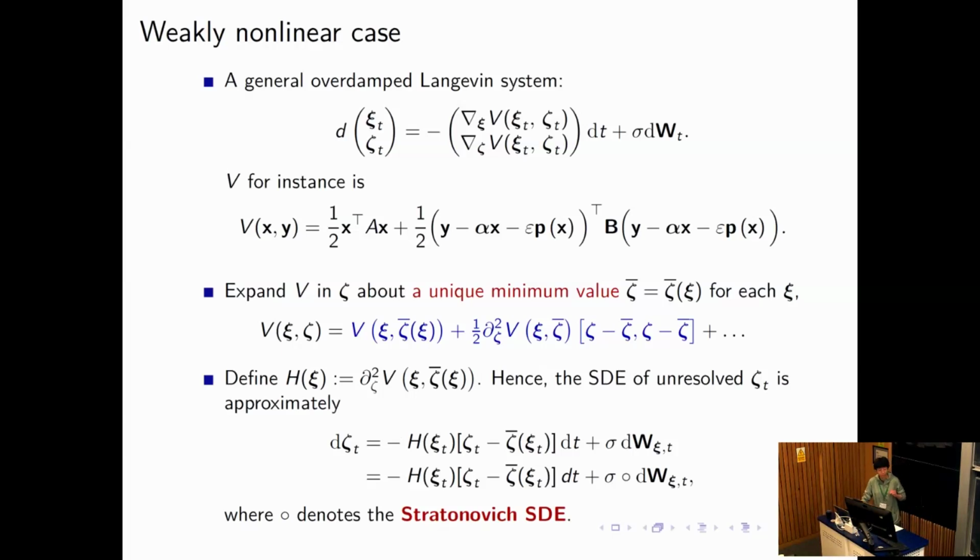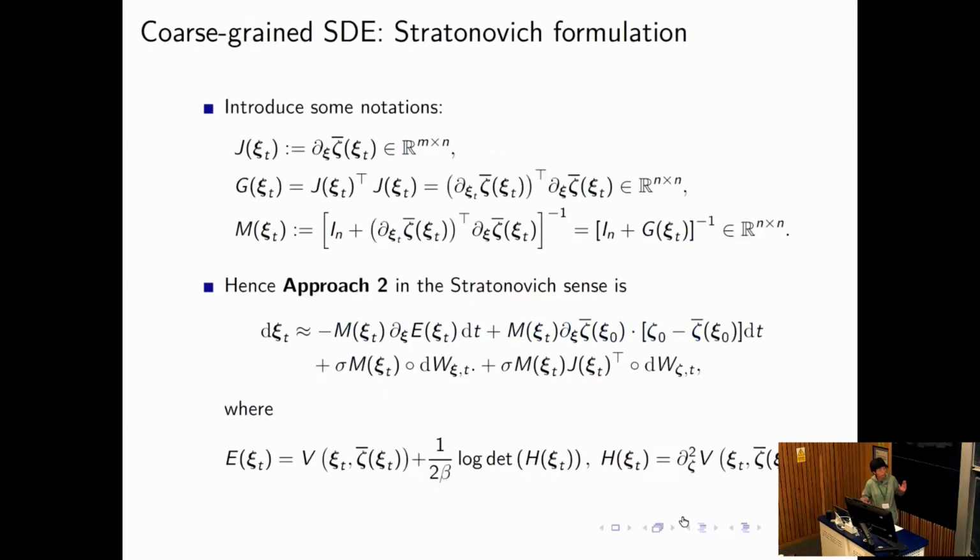In order to make our analysis similar to what we have previously, we convert the Ito SDE to a Stratonovich SDE. And because we assume the diffusion is additive, in the sense that it's a constant, these two formulations are the same. And then based on the Stratonovich SDE, we can do everything similar to the linear case.